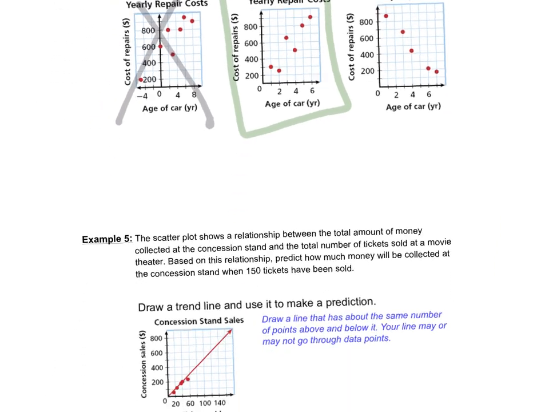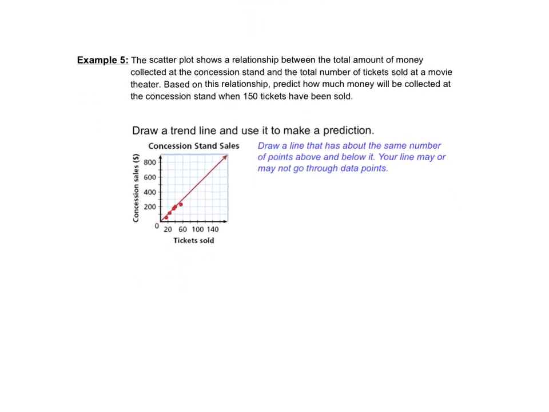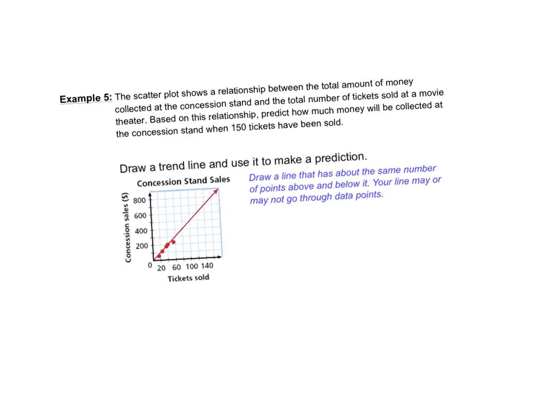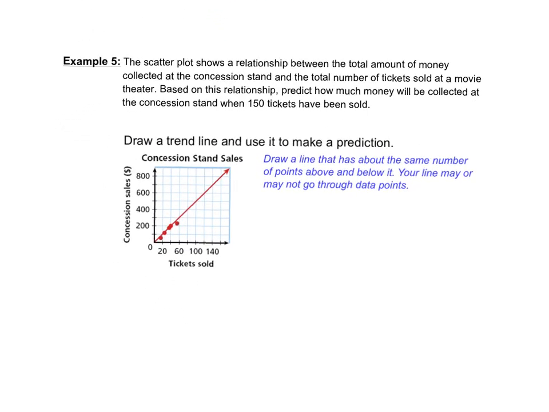Okay, let's look at example 5, the final one, before you guys have to work on your independent practice. The scatter plot shows a relationship between the total amount of money collected at the concession stand and the total number of tickets sold at a movie theater. Based on this relationship, predict how much money will be collected at the concession stand when 150 tickets have been sold.